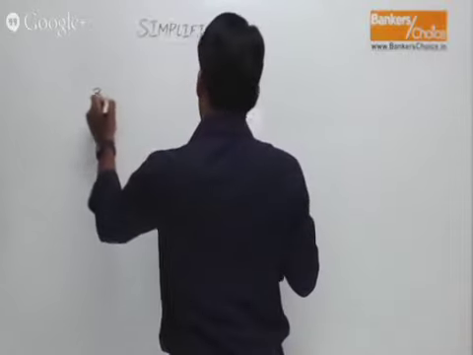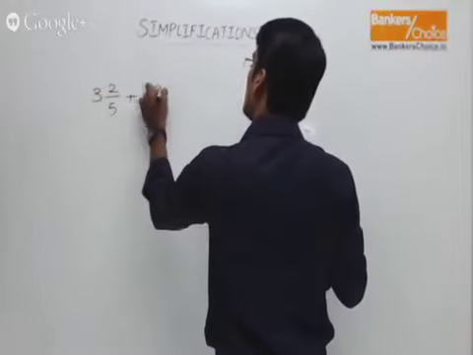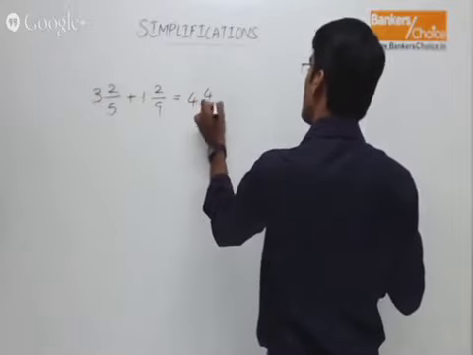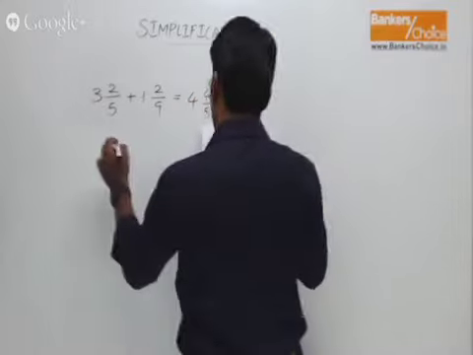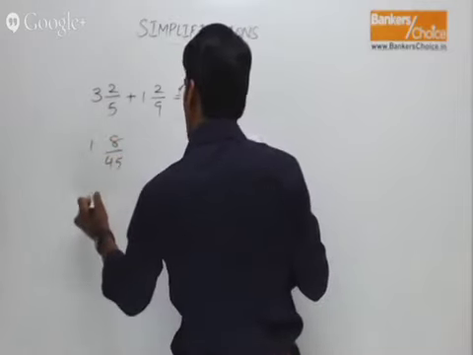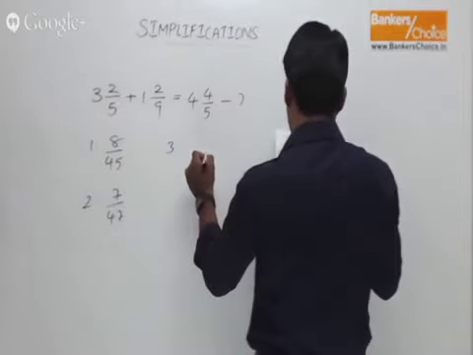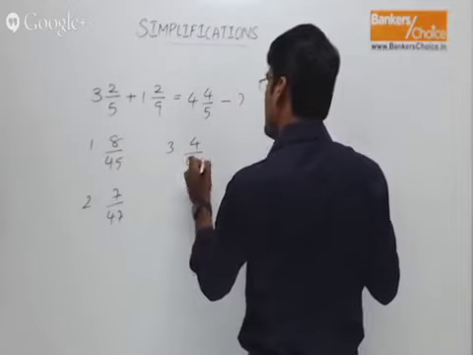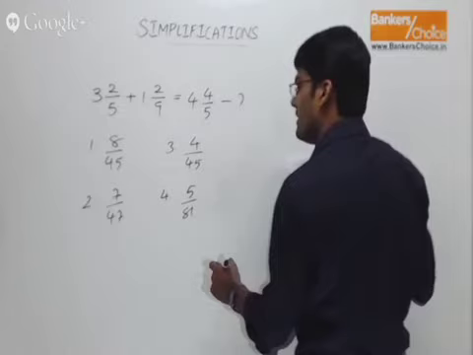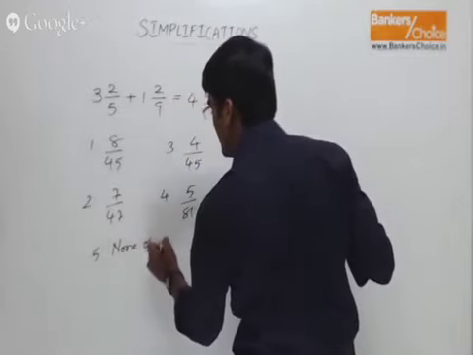It says 3 2 by 5 plus 1 2 by 9 equals 4 4 by 5 minus question mark. And the options here are, first one 8 by 45, the second option is 7 by 47, the third option here is 4 by 45, the fourth option is 5 by 81, and the fifth option is none of these.